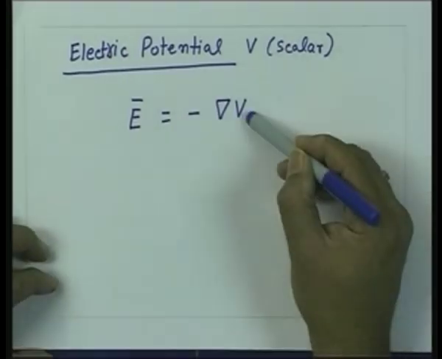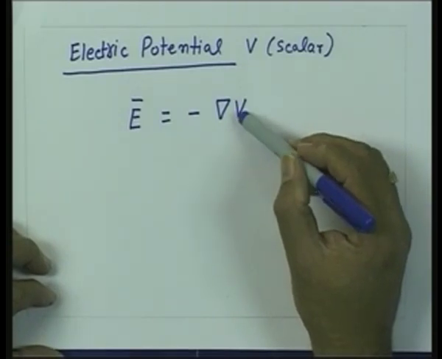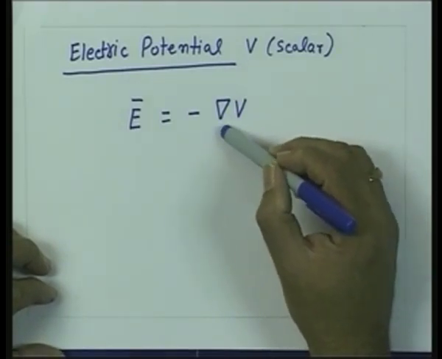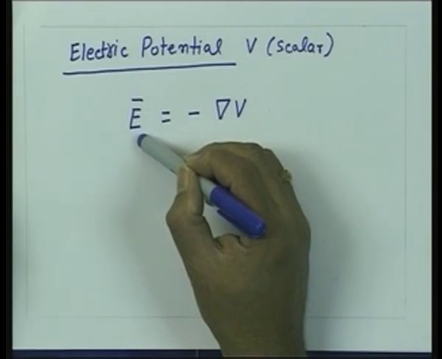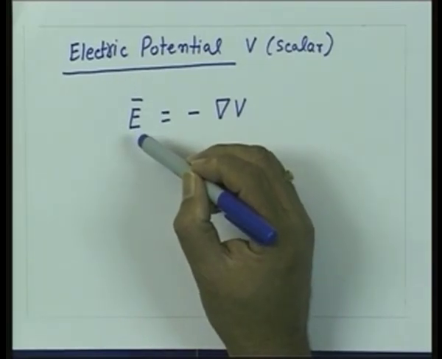So, if I know the potential at a point, then I can take the gradient of that, and that gives me the electric field at that location.